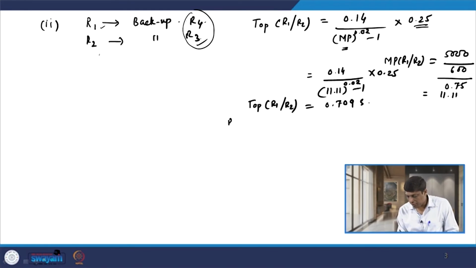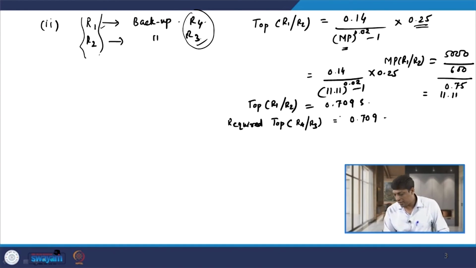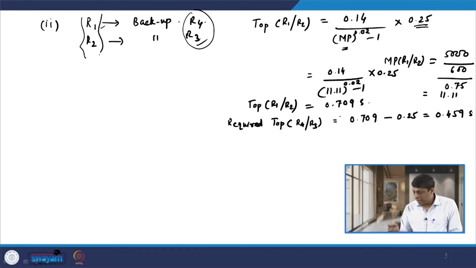So, we can write down the required time of operation of relay R4 or R3 as 0.709, the time of operation of R1 and R2, minus 0.25, we have to subtract it. If you calculate, the value comes out to be 0.459 second.